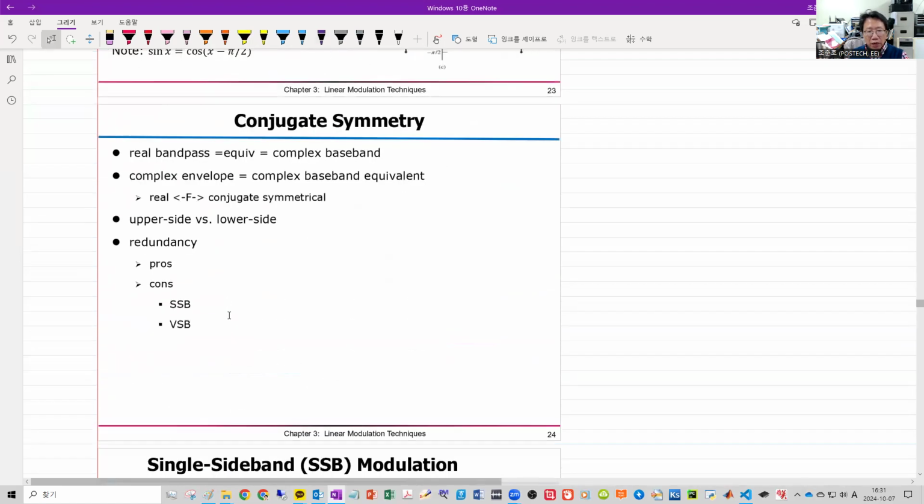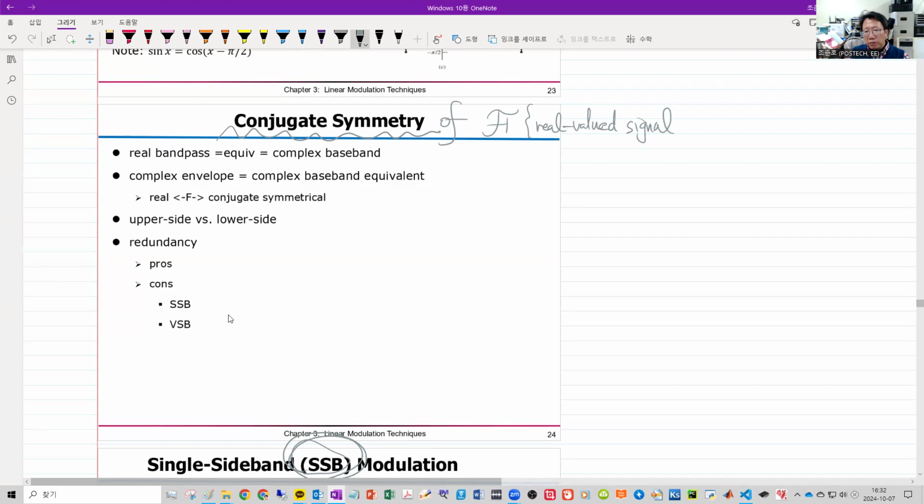By the way, about conjugate symmetry, I talked a lot, and you may say that this slide seems misplaced, but actually it is not. In the next class meeting, we are going to cover the so-called SSB, single sideband modulation, and this conjugate symmetry of the Fourier transform of a real-valued signal comes again.